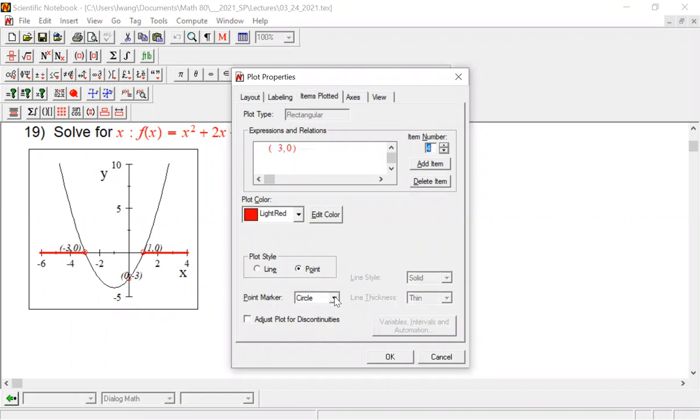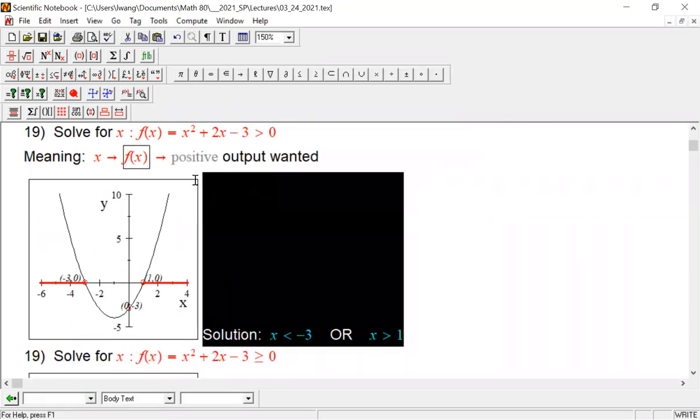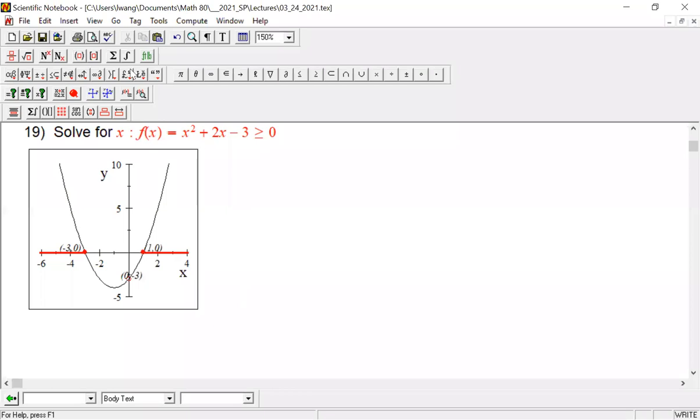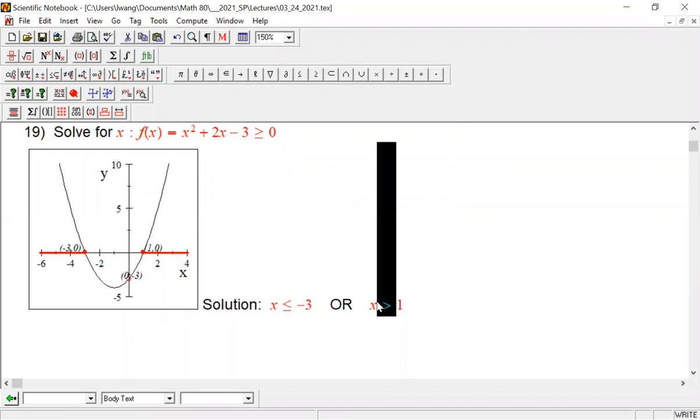So instead of making them circles, I'm making them dots. And the solution would be, instead of less than, it's going to be less than or equal to, or greater than or equal to. Do you guys follow me?